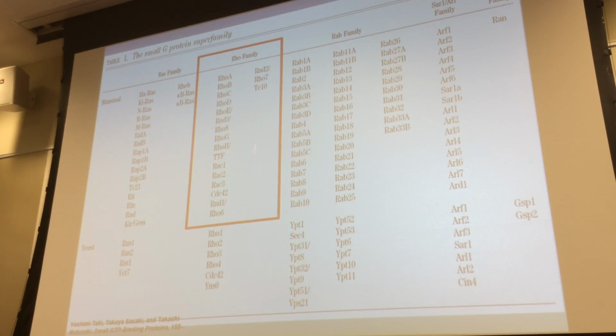Okay, so I want to just switch gears, talk about the Rho family and the ARF family for just a minute. So Rho, RAC, and CDC42 are all generally involved in cytoskeletal actin regulation.